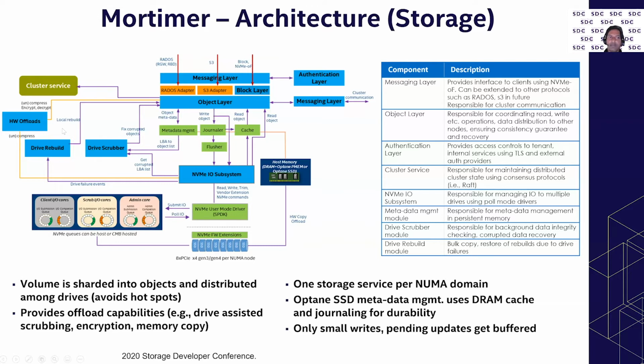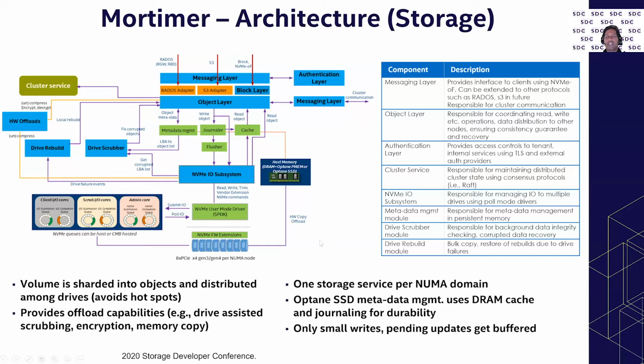If a platform has encryption and compression types of offloads, we should be able to take advantage of that as well. So the design theme is we need to be able to not only take advantage of the NVMe or fabrics-based protocol for the client connectivity and the data distribution within a cluster, we need to be able to take advantage of all the offloads that are available in a platform, either from the drive firmware type of capabilities, as well as the silicon SoC capabilities.